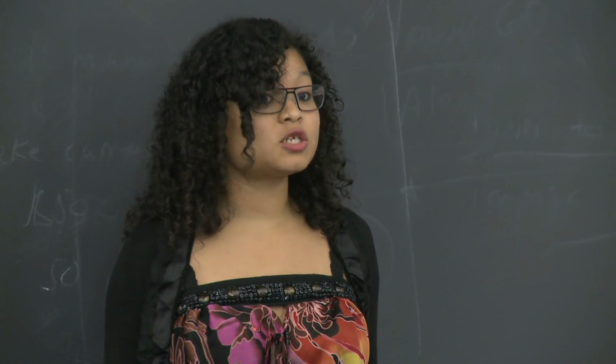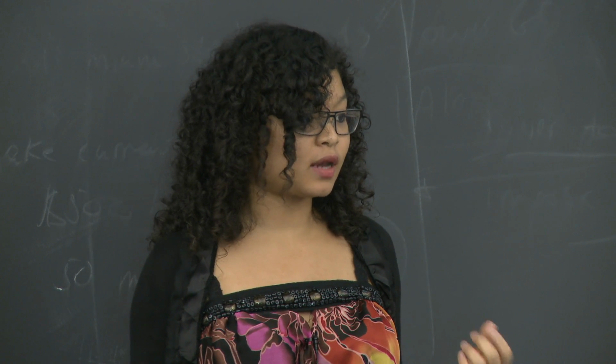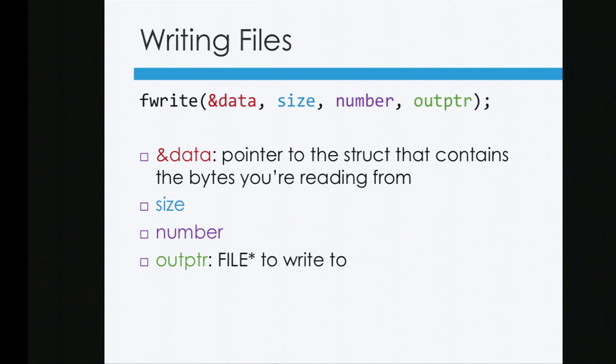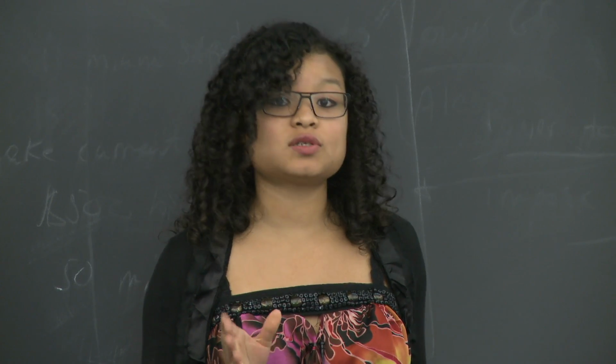All right, so now we get to writing files. When you want to write a file, the first argument is actually where you're reading from. That's the data that you are going to write into the file, which is the out pointer at the end. So when you're dealing with the pset, make sure you don't get confused. Maybe have the definitions side by side.